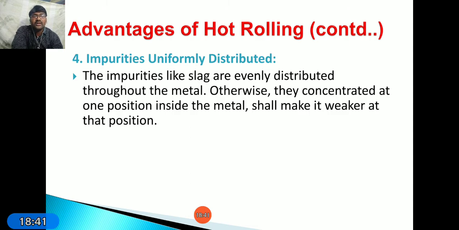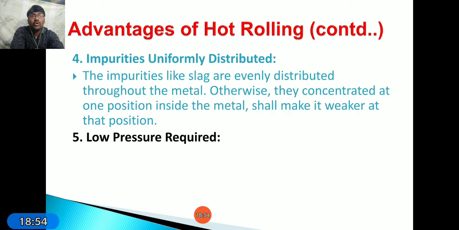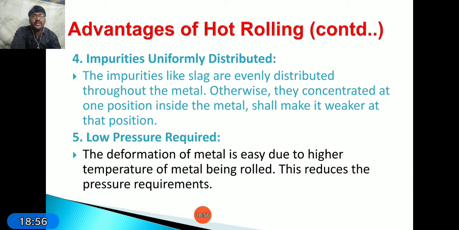They can be distributed throughout the material by using hot rolling. It is one of the advantages of the hot rolling process. Next, low pressure is required compared to the cold working process. We apply only a low amount of pressure because we are increasing the temperature up to the recrystallization temperature. It will help.